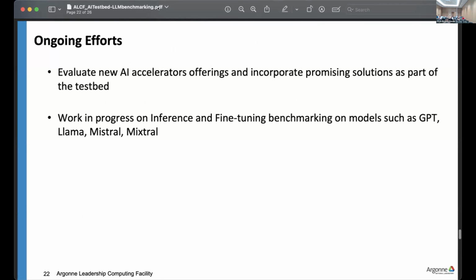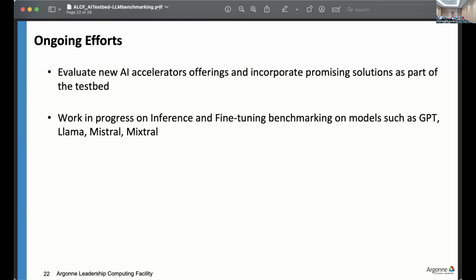And other things, as part of the AI testbed, we're also evaluating the new AI accelerator offerings. We're mostly looking at pre-training tasks, but we also want to focus on inference and fine-tuning, which is gaining importance, especially in the AI for science domain. We saw a rapid explosion in open source models like Llama 3, Mistral, and mixture-of-experts based models like Mixtral.